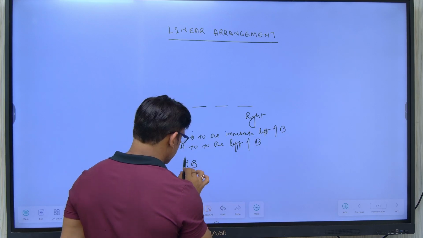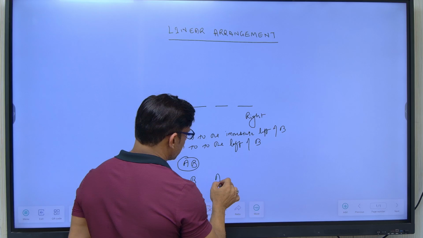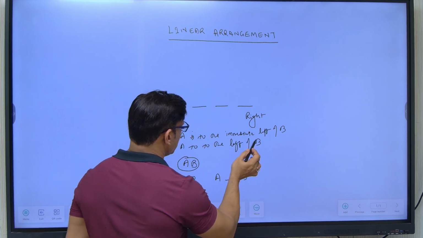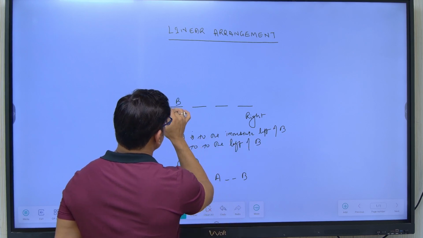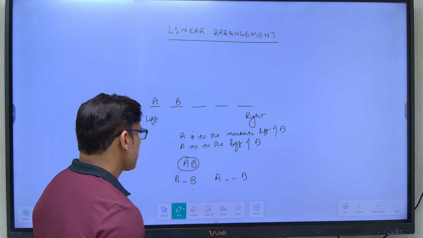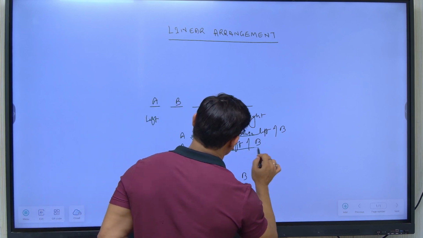The first can be AB, or A1B, or A two places left of B. But if I say A is to the immediate left of B, and I place B here, then A has to come immediately left of B. So remember the word is important, whether it is immediate or just to the left of B.